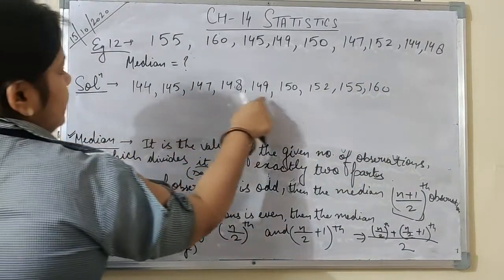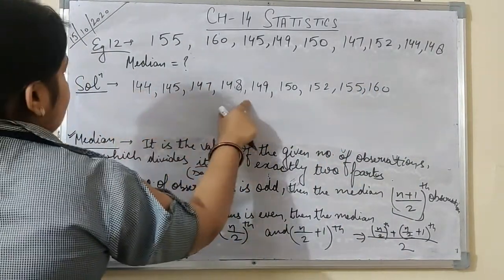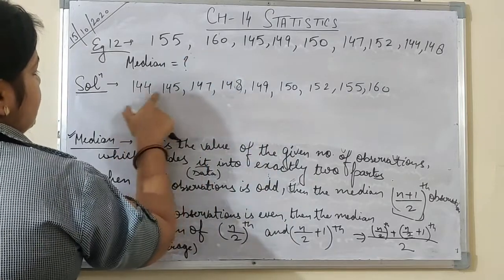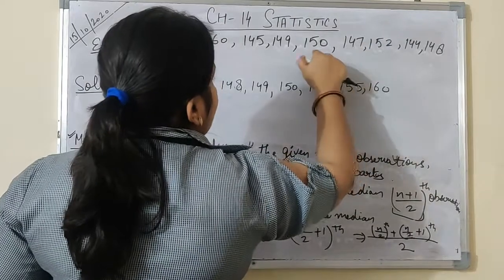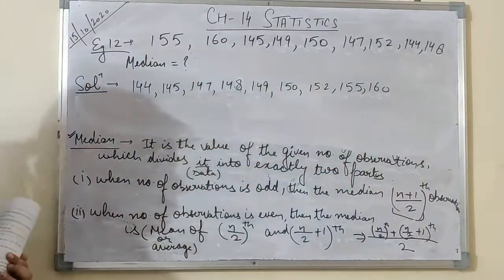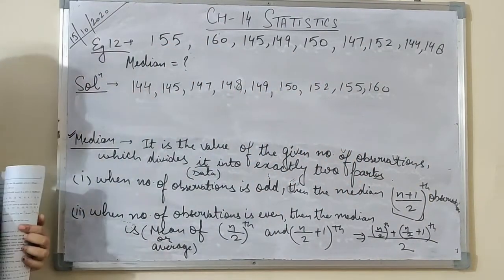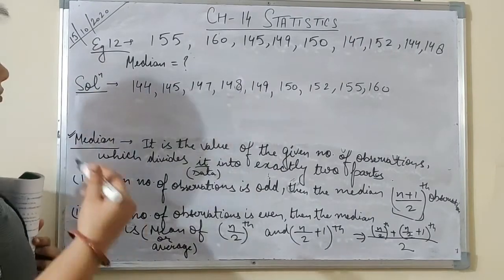You can count that the number of data given here and here are the same: 1, 2, 3, 4, 5, 6, 7, 8, 9. Yes, it is the same. So we have arranged our given data in ascending order.